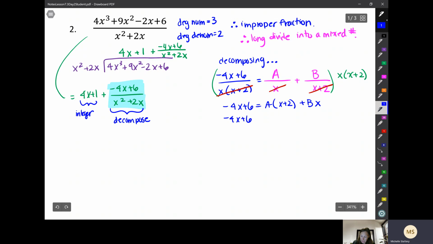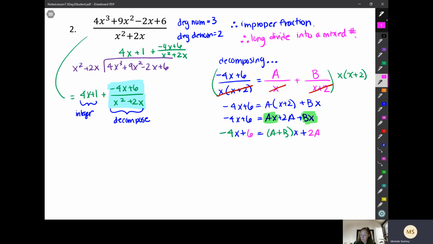Negative 4x plus 6 equals ax plus 2a plus bx. I can see my like terms, ax and bx. So negative 4x plus 6 is going to equal a plus b times the x, plus 2a.